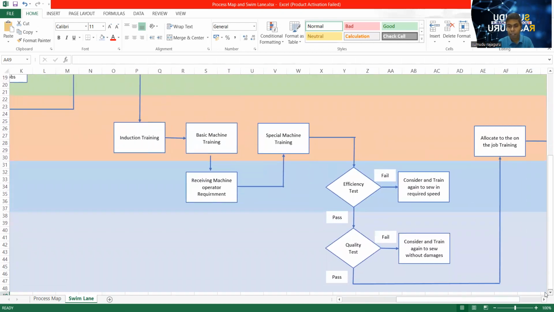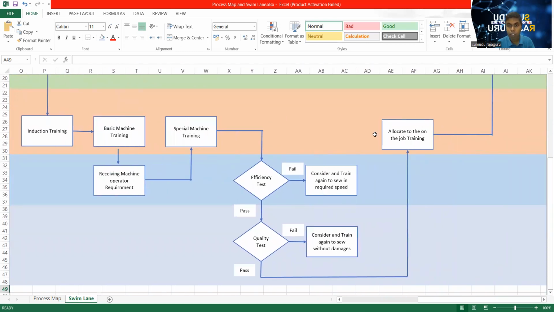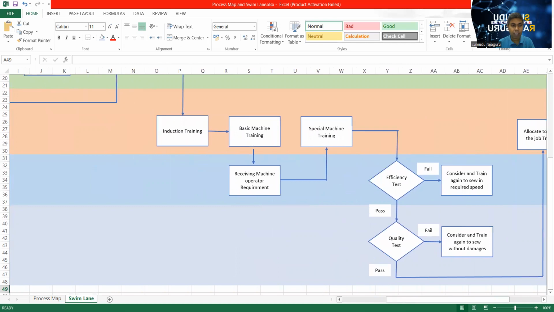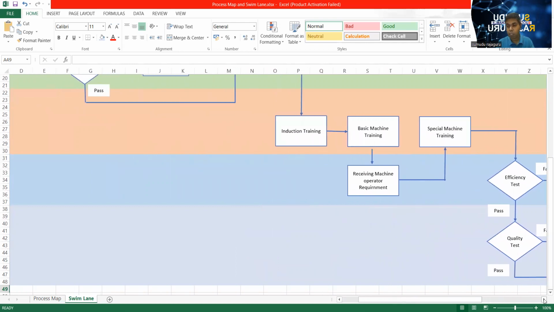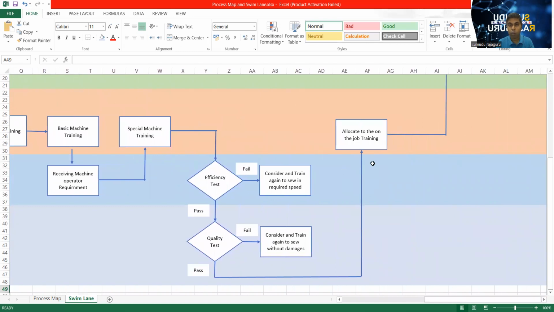Then if the quality test passes, okay, we allocate to on-the-job training. Who is responsible for that? The training center is responsible. Some responsibility goes to the IE department also, so if you want, we can put some link in the IE department.